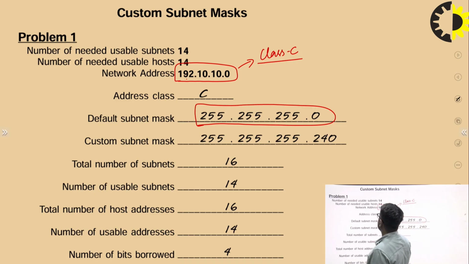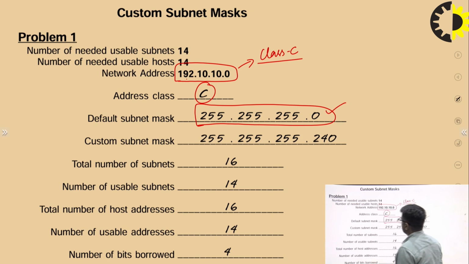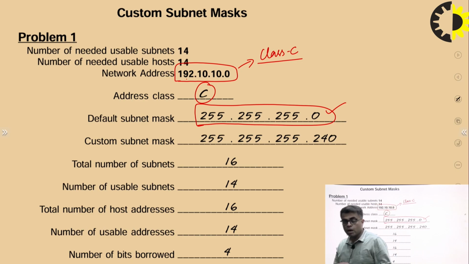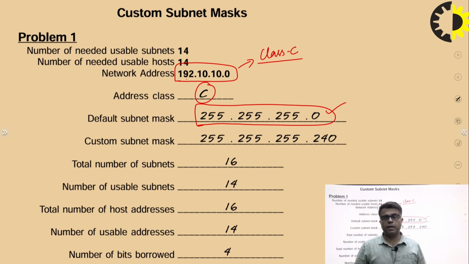Now we have to create a modified, or customized, subnet mask to make 14 usable subnets.